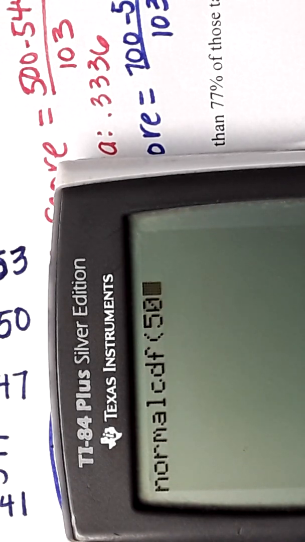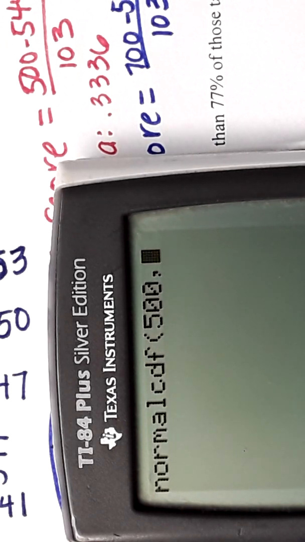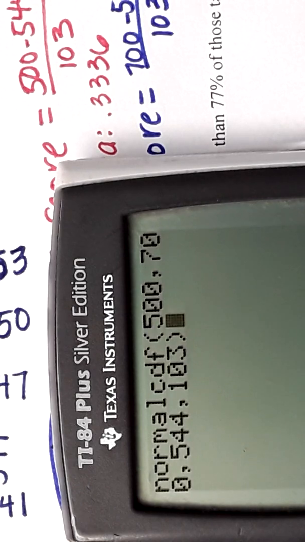So we're going to put 500, comma. Now, some of you have upper bound. Like your calculator says what? Upper bound, lower bound, mean, and standard deviation. So if you have upper bound first, your upper bound would be 700. Your lower bound would be 500. And then you would put your mean, and then your standard deviation.